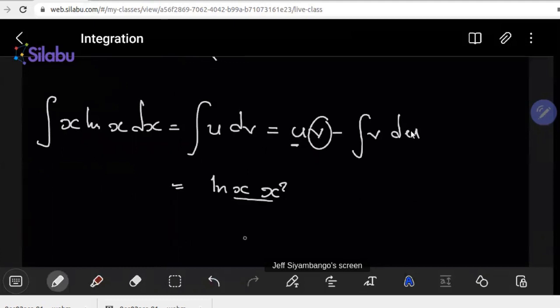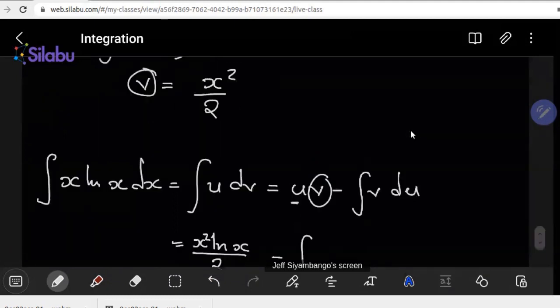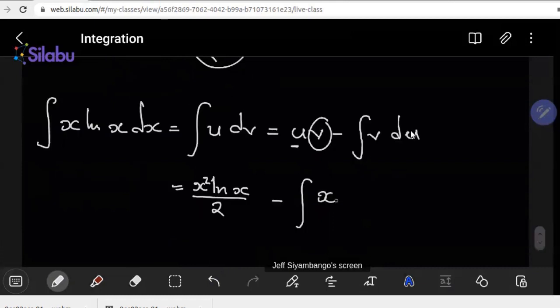So instead, I'll put everything else that comes before the ln. So I'll say ln x times x squared over 2. Once you're done with that, I'm done with my u and the v. This will be minus the integral of v comes first. v is x squared over 2.